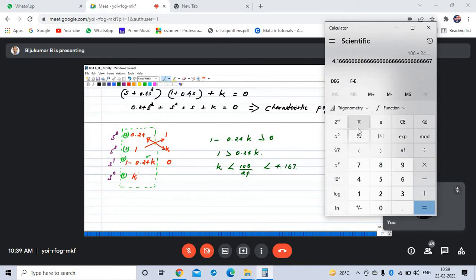Now K also has to be greater than 0. So what is the range of value? The range can be written as 0 less than K less than 4.16.